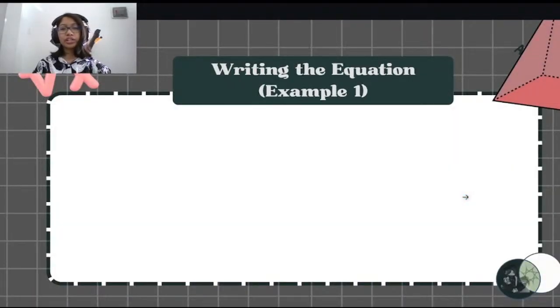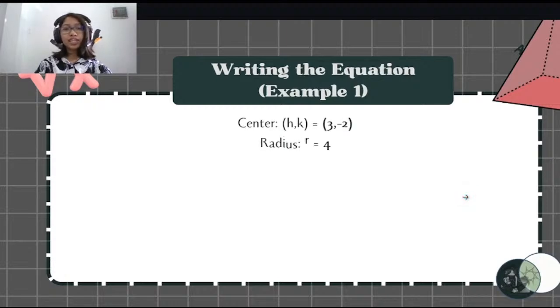Writing the circle equation. Okay, let's learn how to write the circle equation given the center of the circle and its radius. We have the center, h k, equals 3, negative 2, and the radius, r equals 4.